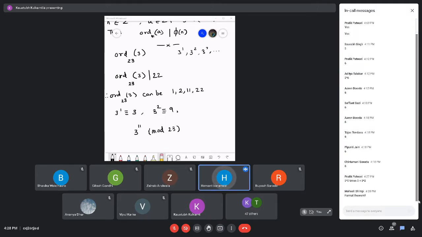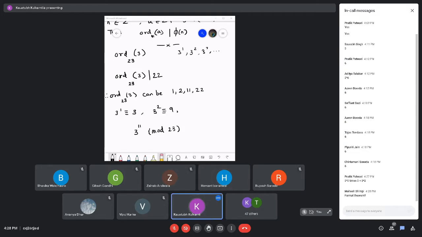So we can double the power of 3. Double the power of 3 in the sense, what will you calculate? I will calculate 3 to the power 22 mod 23.